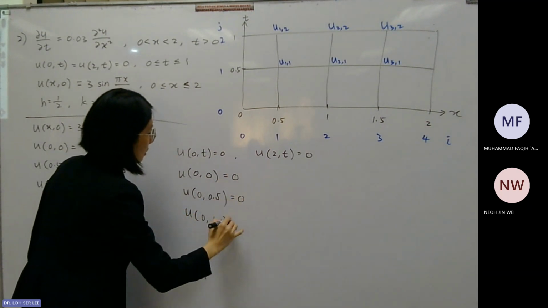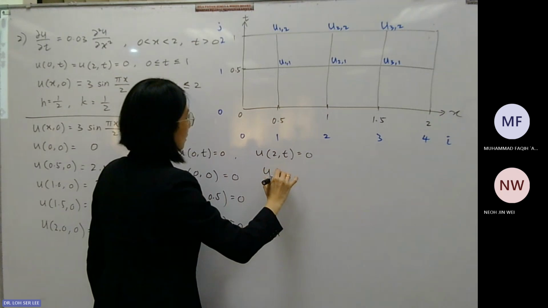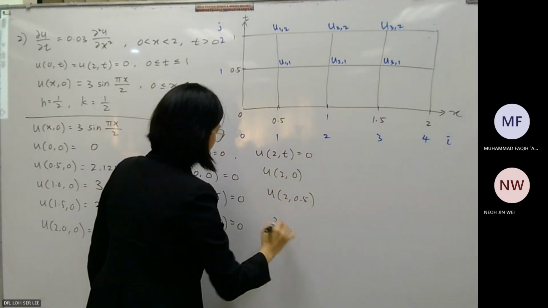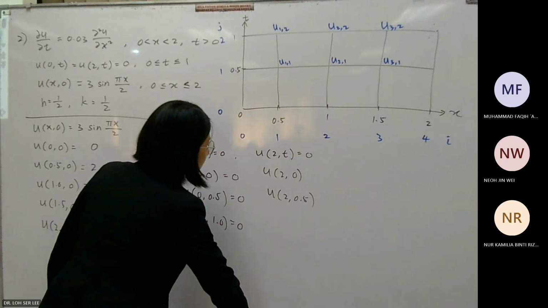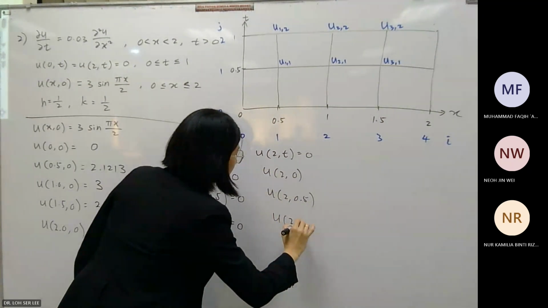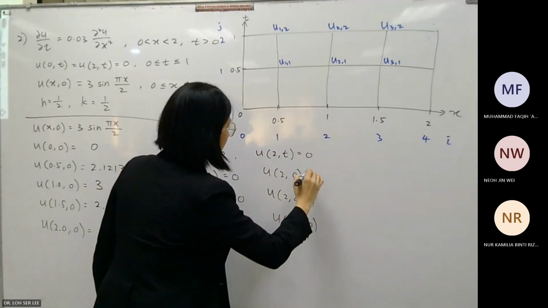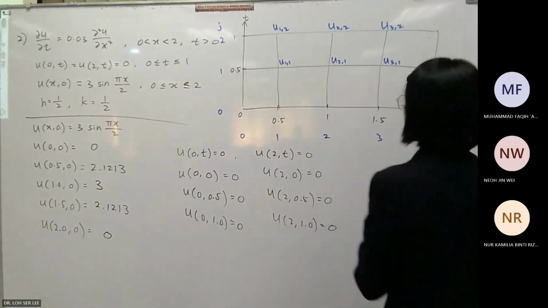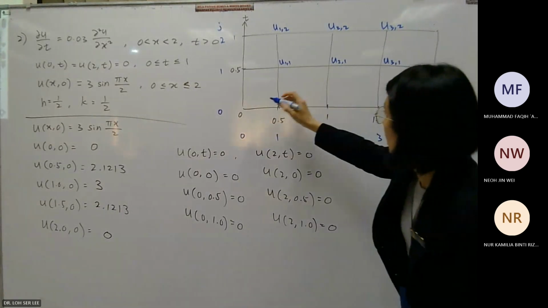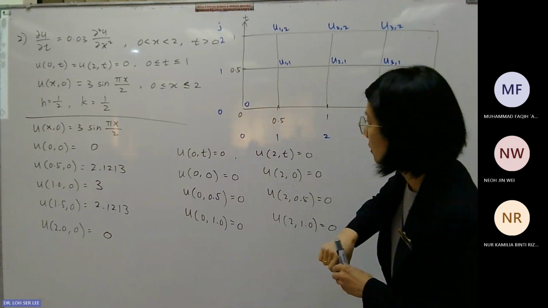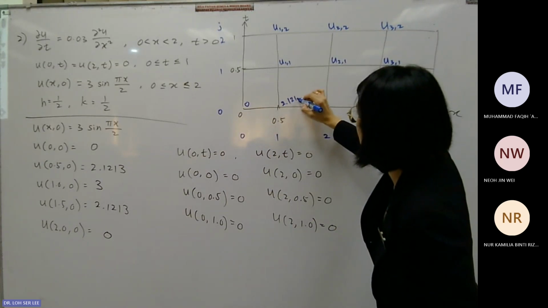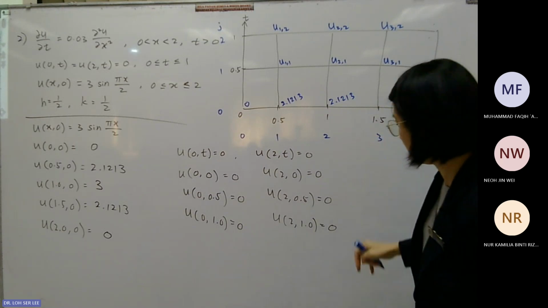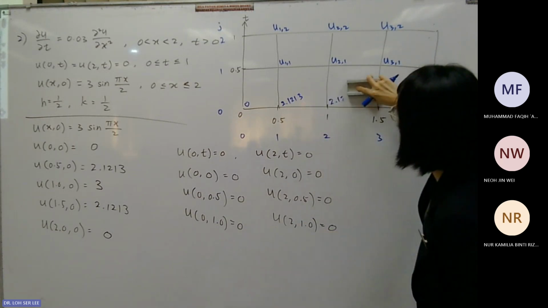Okay, all 0. Zero, 2.1213, 2.1213, 3. This one is 3.